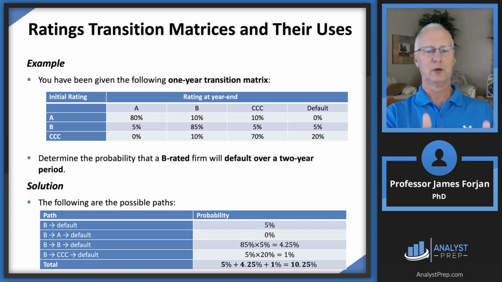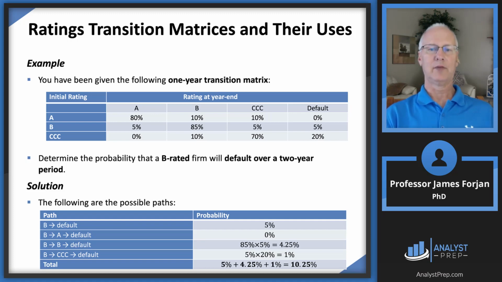So what we're going to do at the bottom table, we're going to figure out all of the different paths. We can go from B and jump to default. That gets us to 5%, right? Then we could go from B, be upgraded, and then be downgraded, but that's going to be a 0%, right? If we go up to A, we have a 0% there.